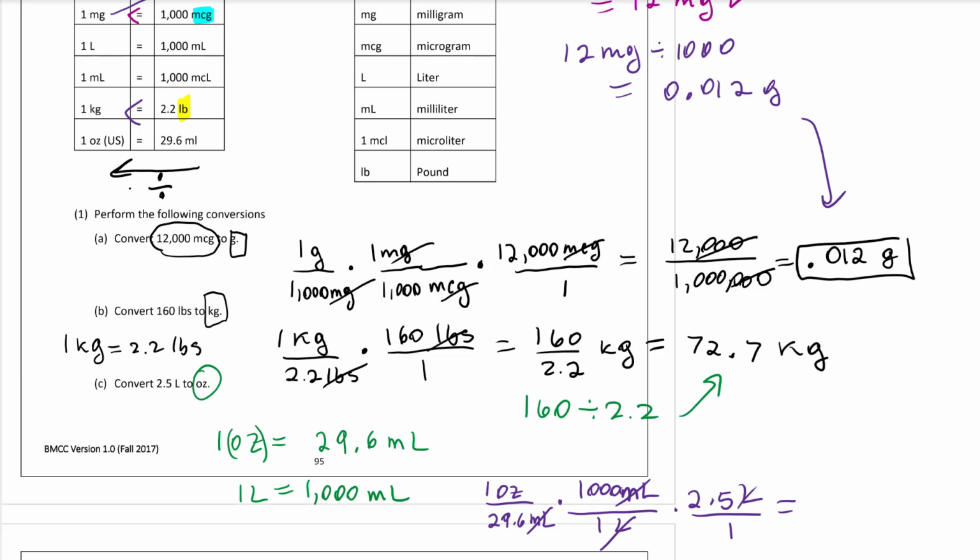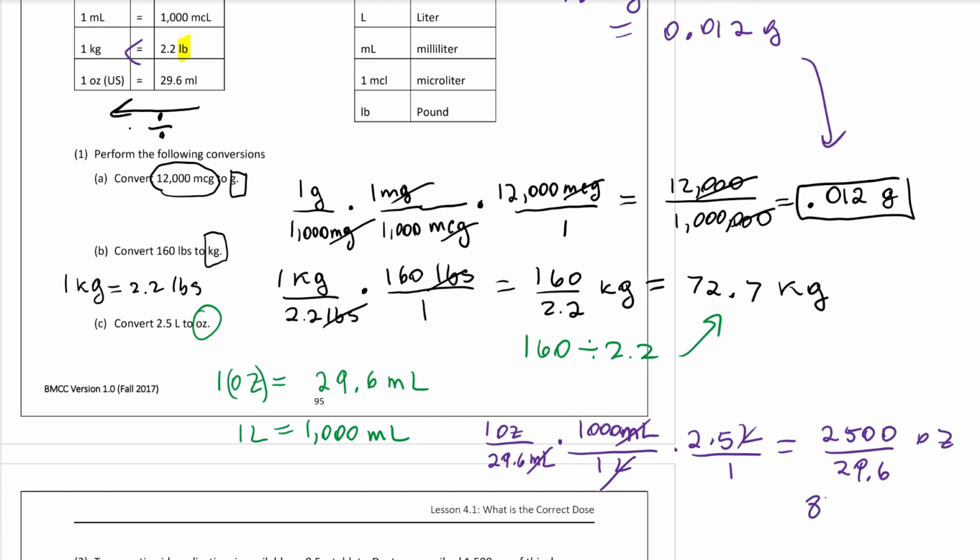So 2.5 multiplied by 1,000 will be 2,500 over 29.6, and this is going to be in the units that we want, which is ounces. So 2,500 divided by 29.6 gives us about 84.5, and this is ounces.